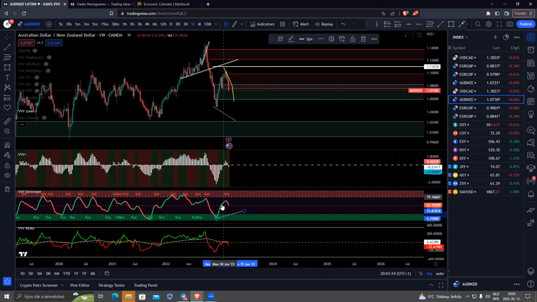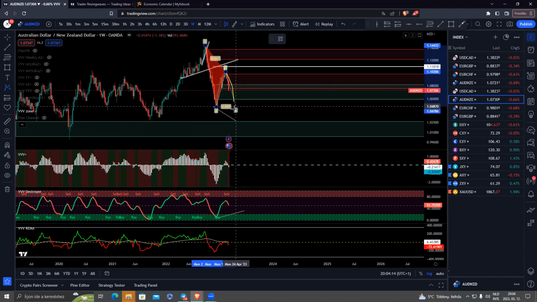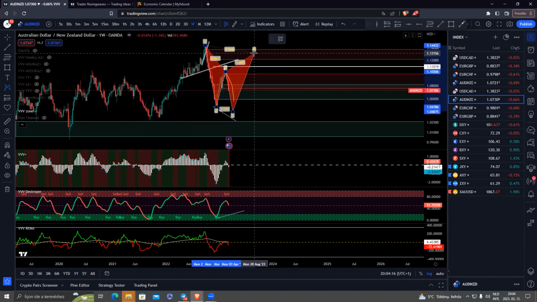And if this low breaks here, this will form a divergence and it's going to bounce back, forming also kind of like a V pattern what we witnessed on the USD CAD, and the same XABCD what I mostly do, kind of like this.